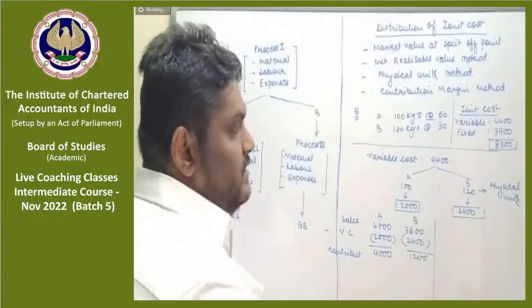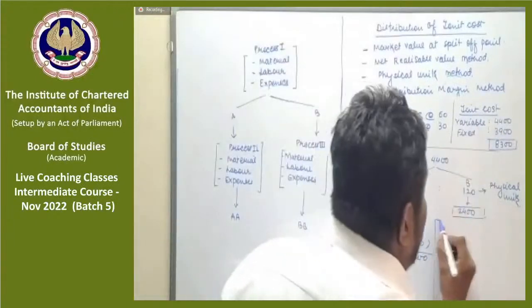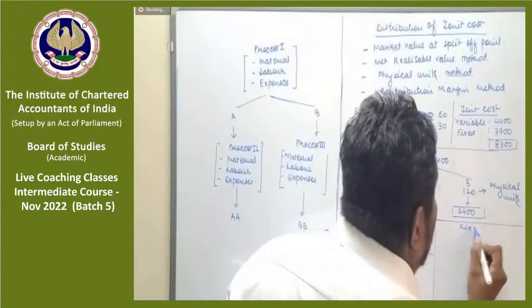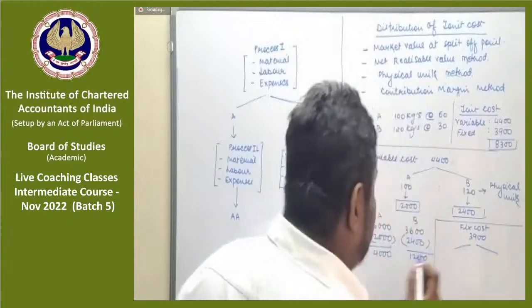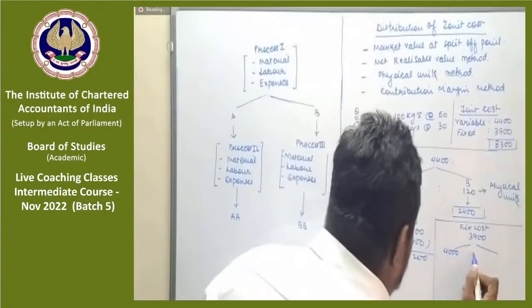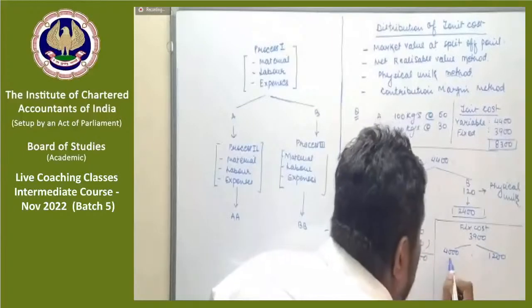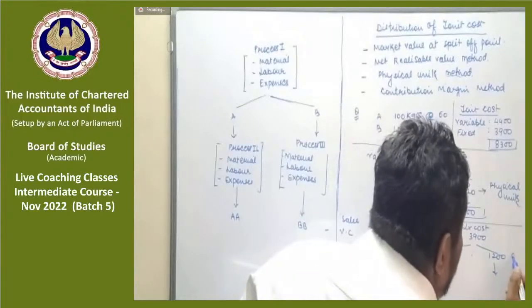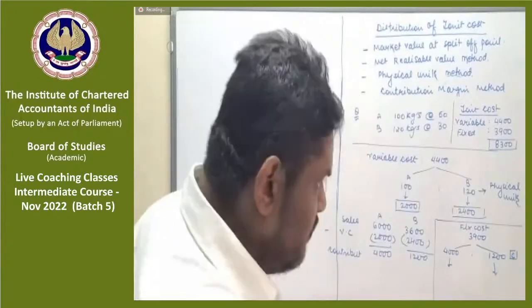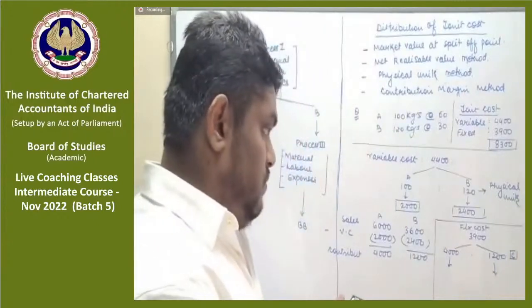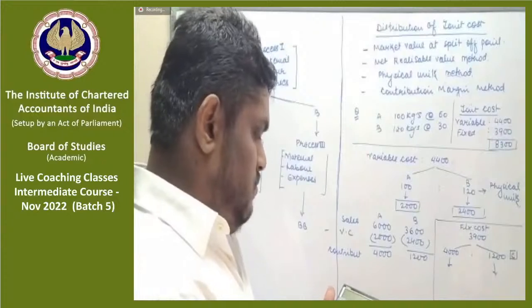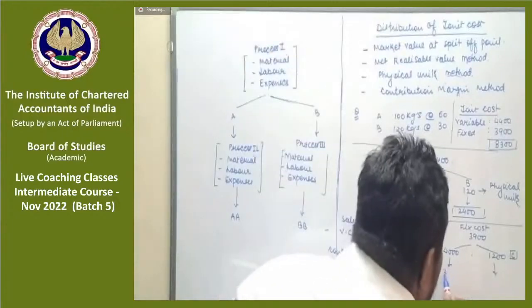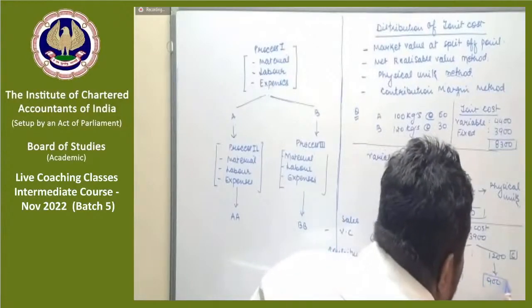So now we'll distribute the fixed cost, that is 3,900, in the ratio of 4,000 is to 1,200. That is the contribution ratio. So this will be 3,000 and this will be 900.